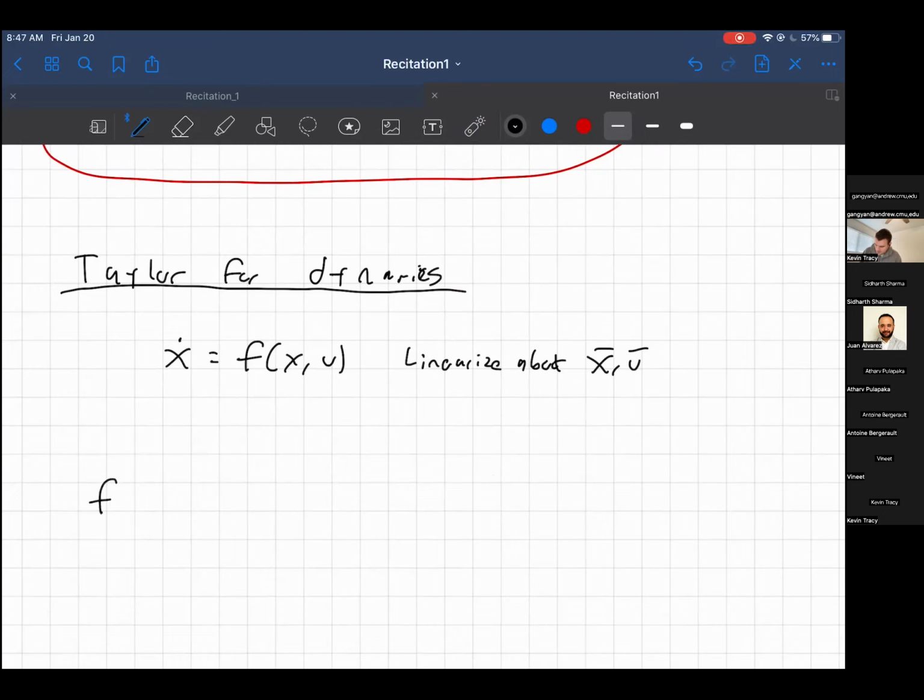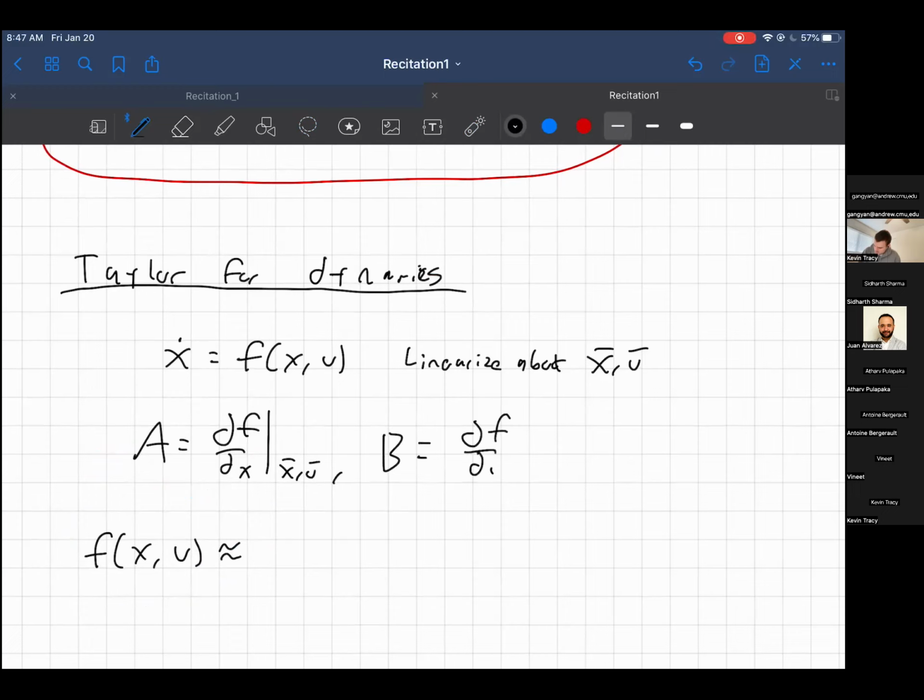I can say f of x, u is approximated by, and before I do this, I'll define two Jacobians. What I'll call A is going to be the partial of f with respect to x evaluated at x bar, u bar, and B is going to be the partial of f with respect to u evaluated at x bar, u bar.